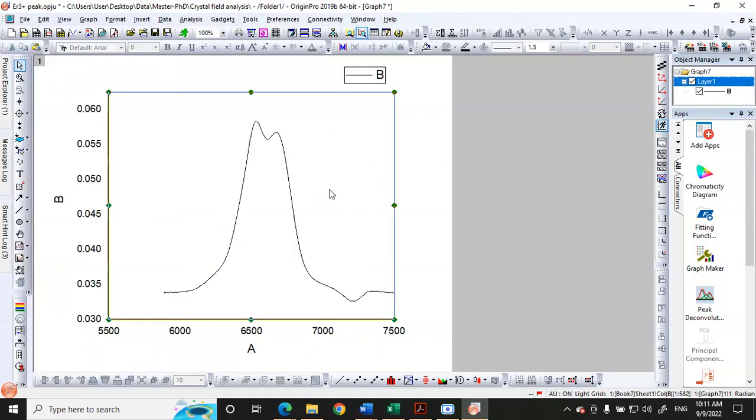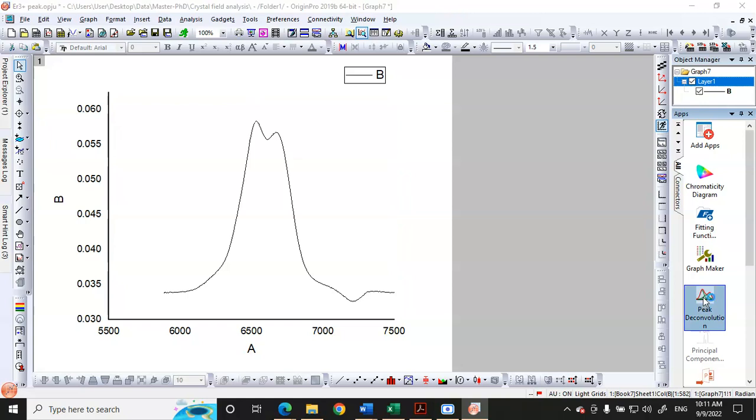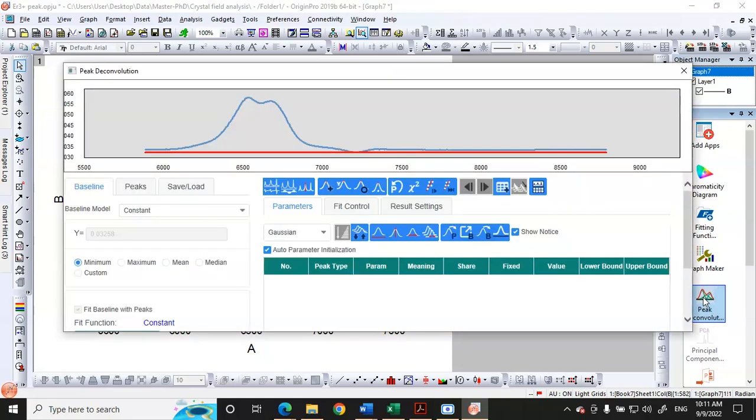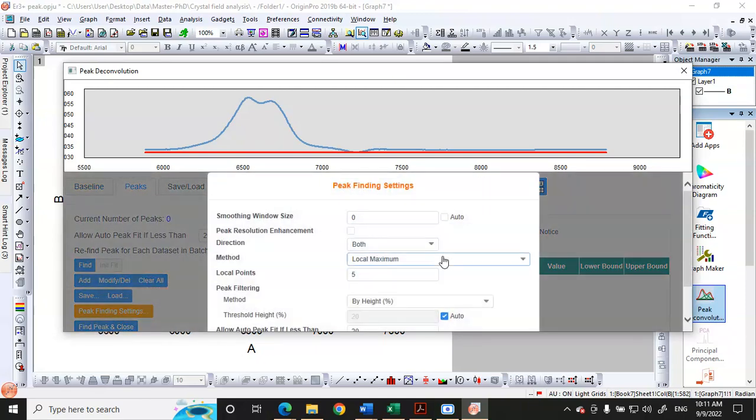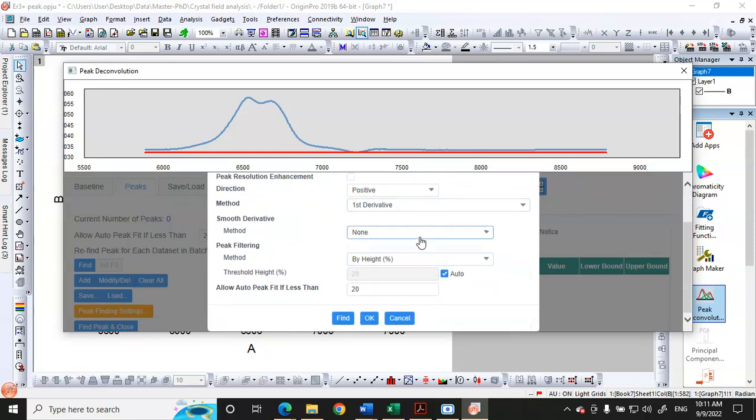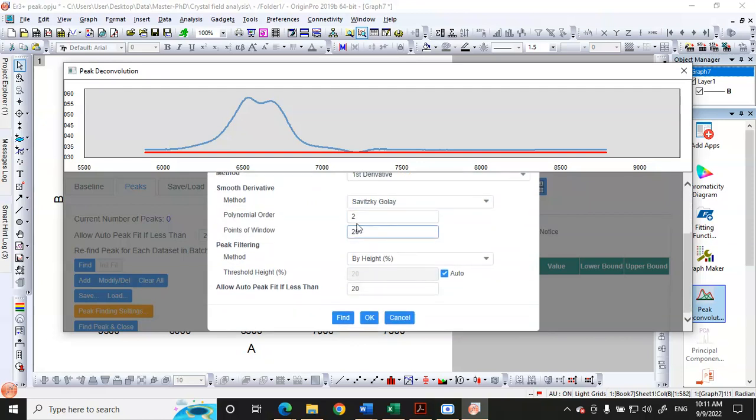Graph 7, okay, graph 7 here. Okay, actually you can do also second derivative. Before this I used the first derivative, but you can use also second derivative. Okay, peaks finding setting, and then okay, and also you can adjust the window. You see from the new method, this scroller, you can see here the window. You can adjust, for example, I adjust to like 10. You can find how many peaks.